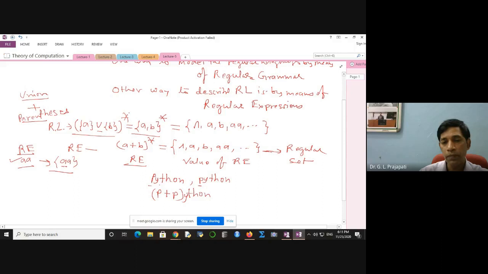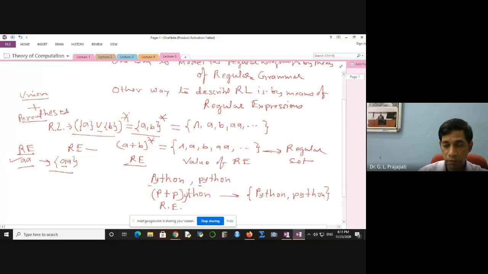You can mean either capital P or small p. This is the regular expression, and the value of this regular expression is what? It is a set. What kind of set are you going to denote with this regular expression? One word will be Python with capital P, and the other word will be python with small p.